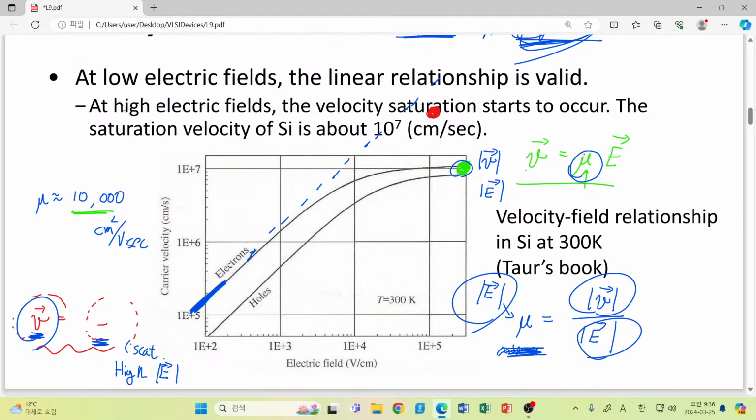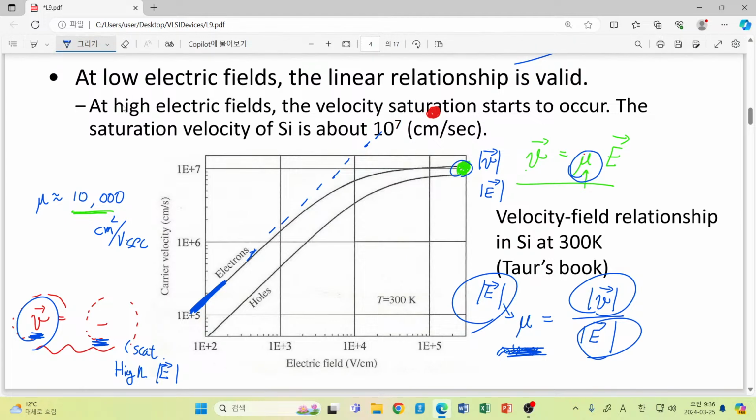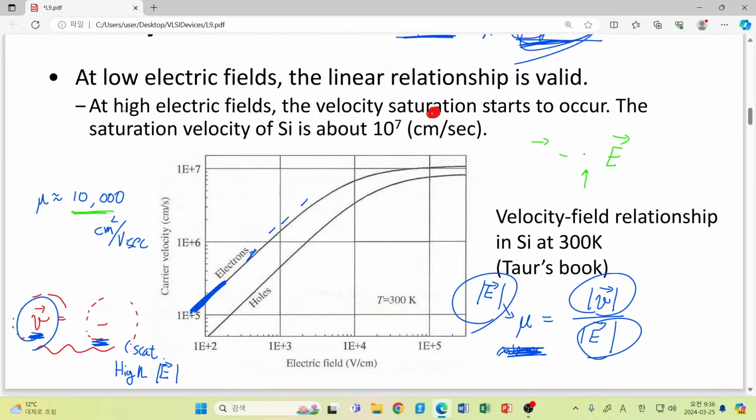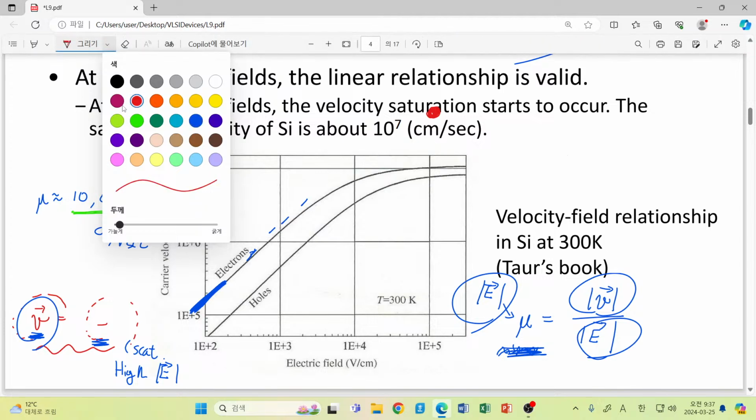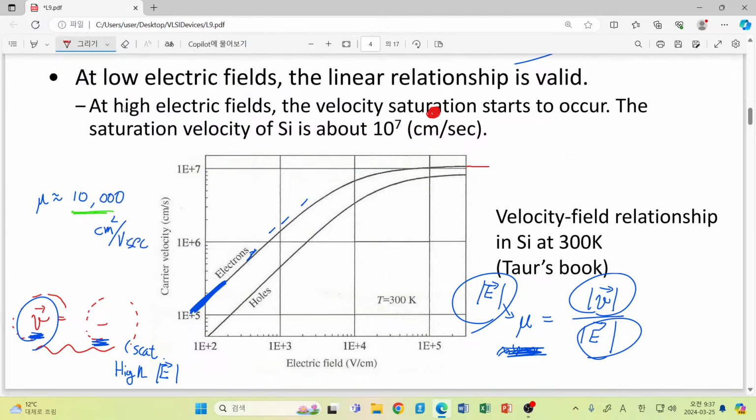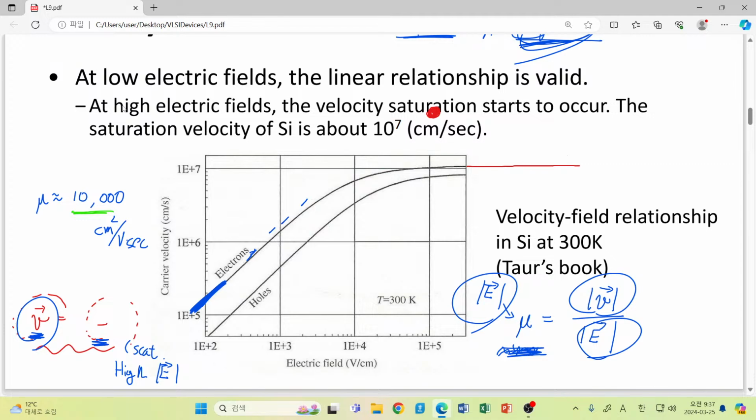Then please try to do something. Let me give you more. From now on, please think about your mobility. Let's assume that if we go to higher and higher electric field, then velocity is just a constant.